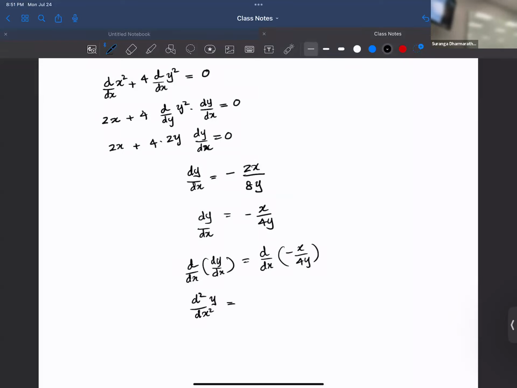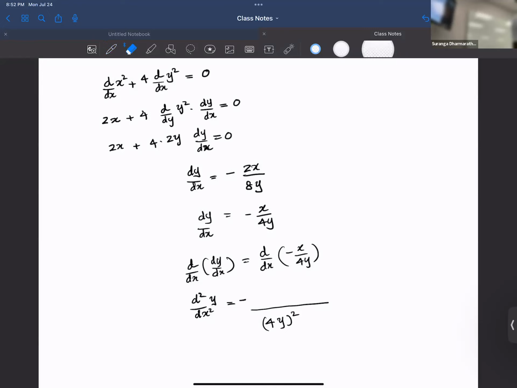What rule can we apply? Quotient rule. So if you do the quotient rule, the denominator is 4y squared, right? Now, which one is first to differentiate? The negative sign can be outside, or you can take negative 1.